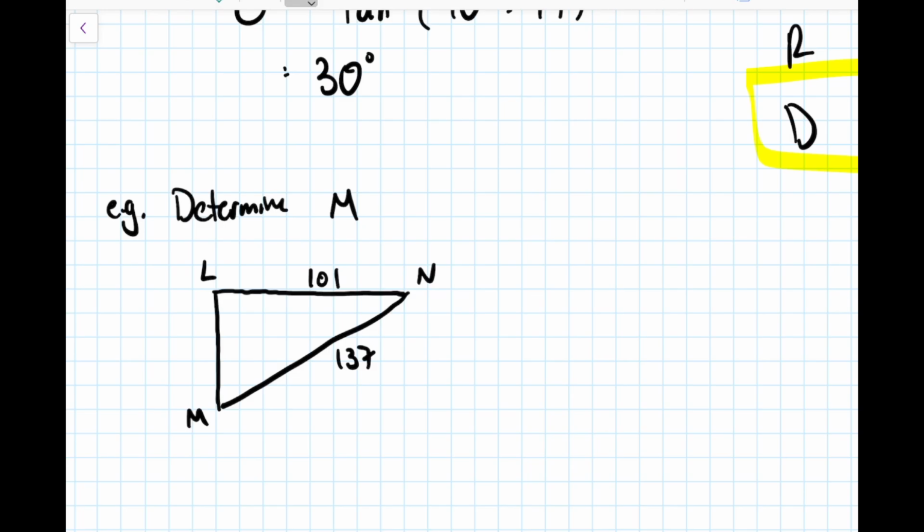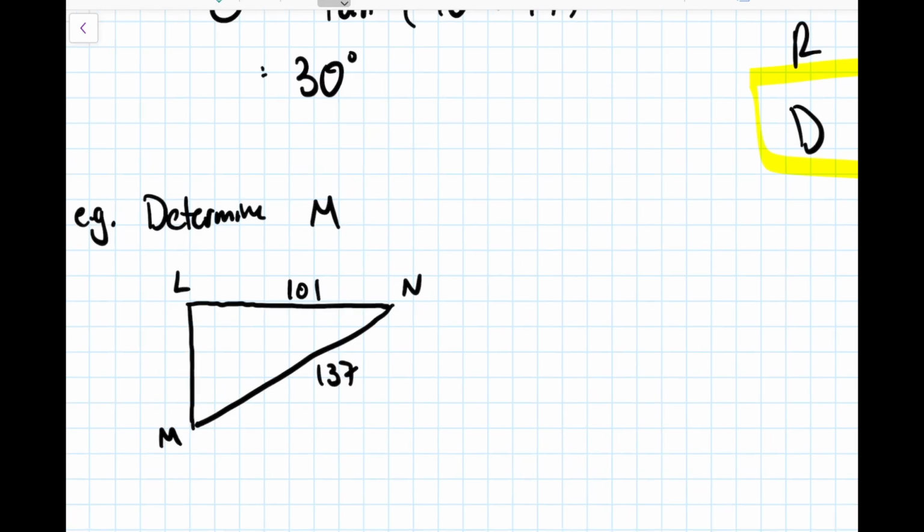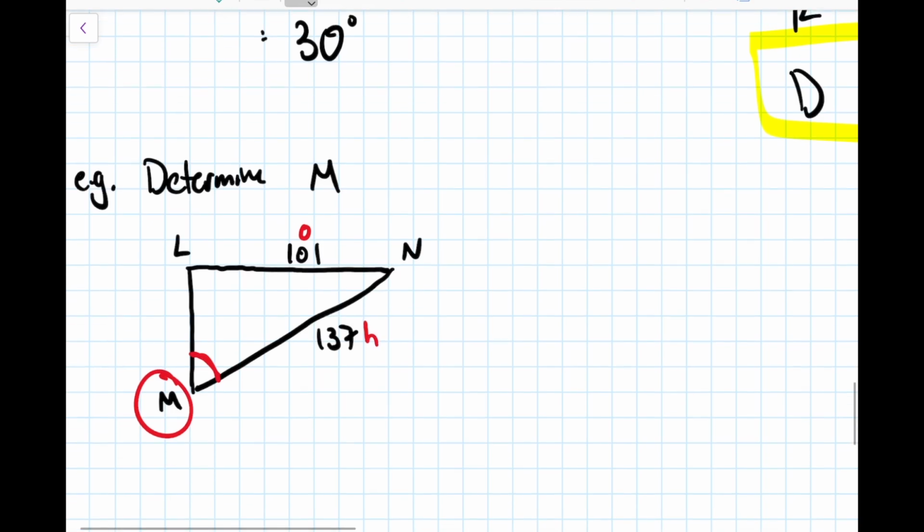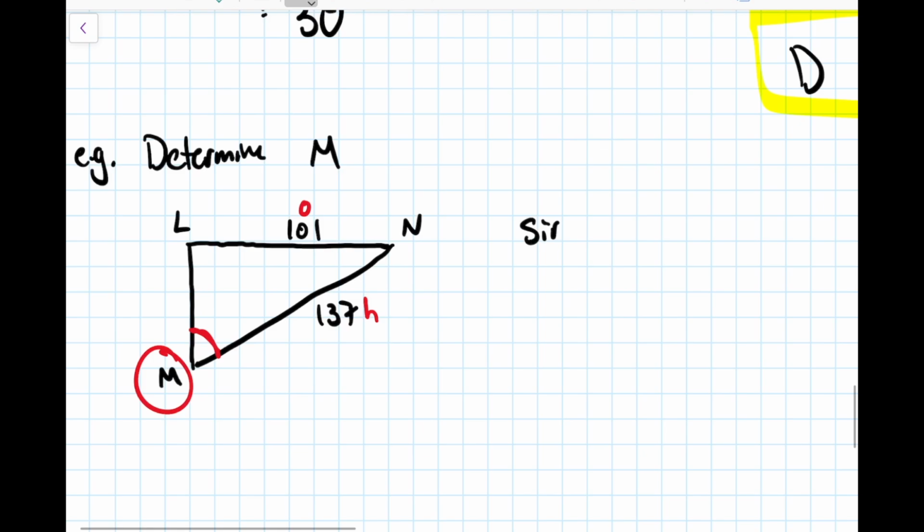Okay, so looking at our triangle here, 101 is the opposite from angle M, right? Angle M down here is the one we're working with. 137 is the hypotenuse. If we're working with O and H, that means we want to be working with the sine ratio. So sine theta is the opposite over the hypotenuse.